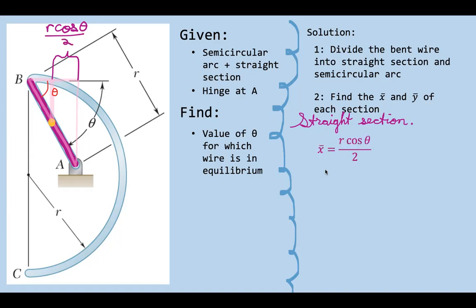Thus the x coordinate of the centroid for the purple part of the wire is r cosine theta over 2, except it's negative since it lies to the left of A, which we're taking to be our origin.